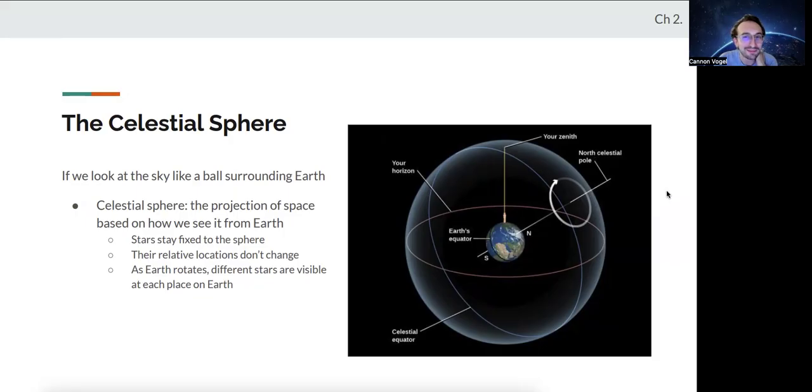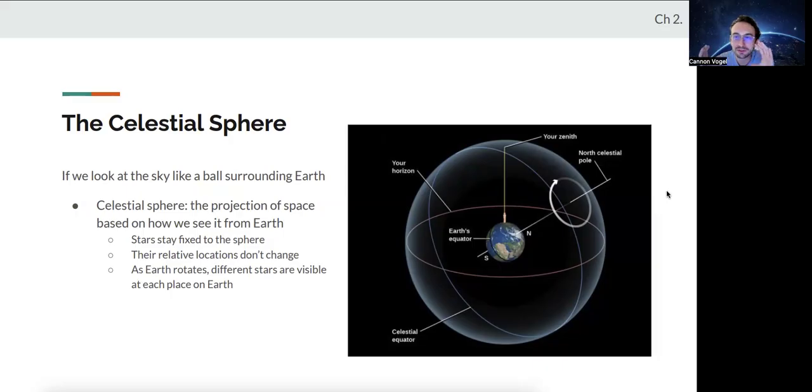The stars are not really moving, we're the ones moving, but from our perspective, we feel like we're still and we see the stars as if they were moving. So this celestial sphere, this ball here in the picture, from our perspective, the stars tend to be fixed to it.